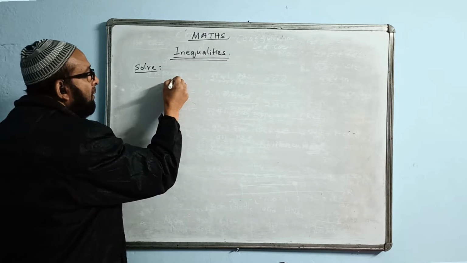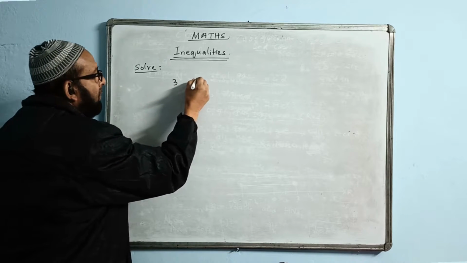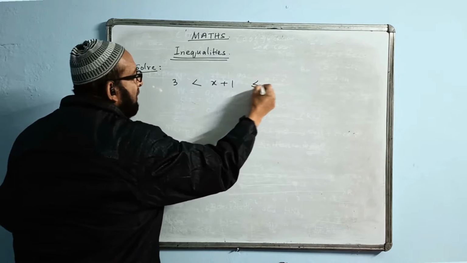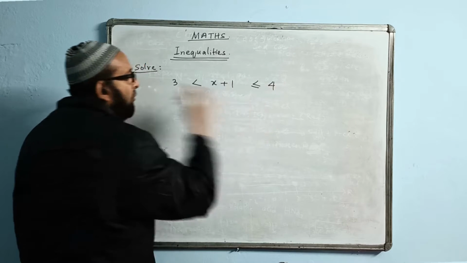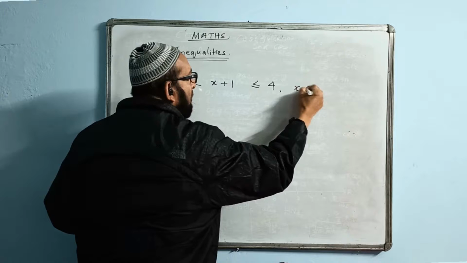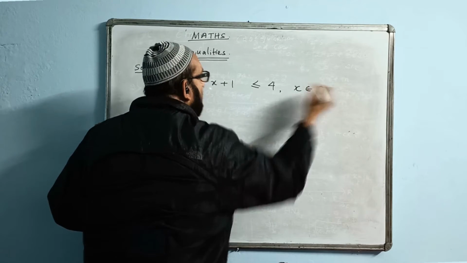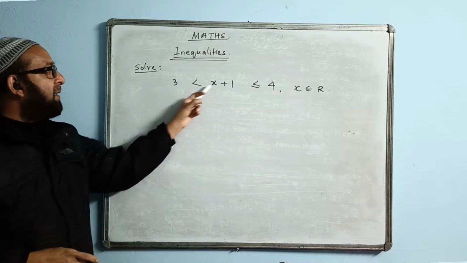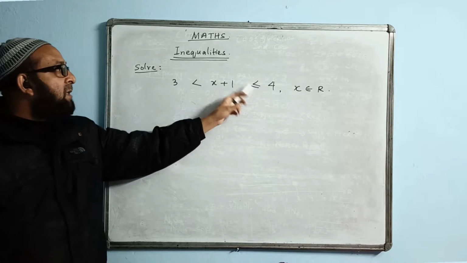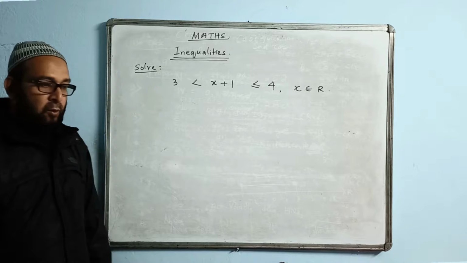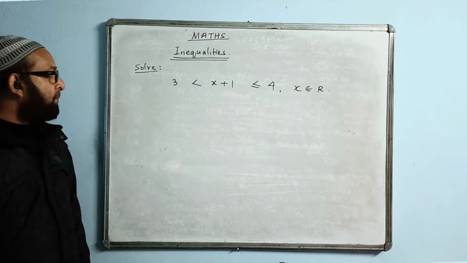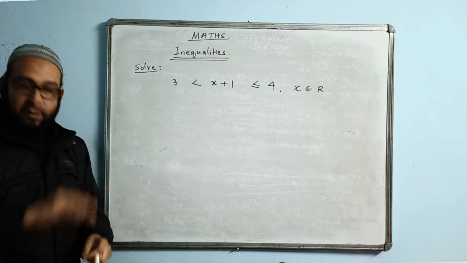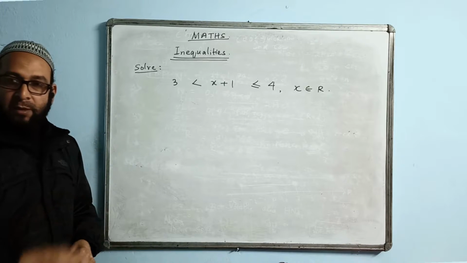Just see. 3 less than x plus 1 less than or equal to 4, and x belongs to R, real numbers. That is the question. The question says find the solution set for this and graph the solution on the number line. They will always ask about the number line.